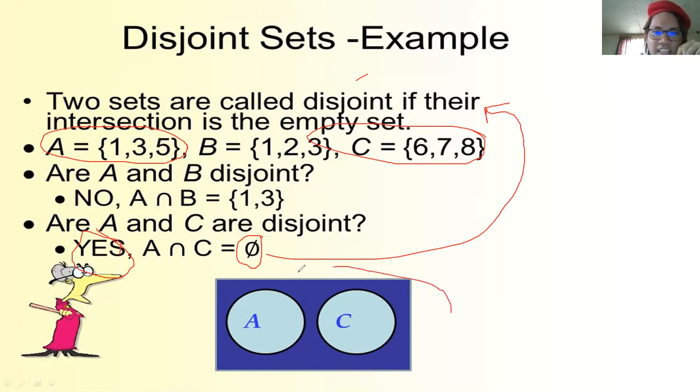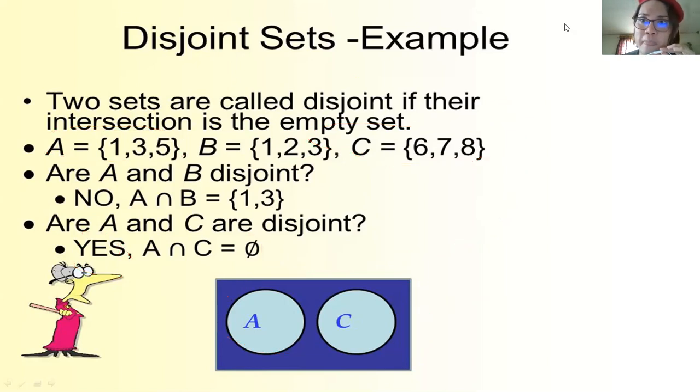This is the Venn diagram to show how we describe disjoint sets. As you can see, there is no intersection. They never intersect. In short, they don't have common elements. That's why we call them disjoint sets. It's so easy to remember, okay? I hope you'll be able to remember that.